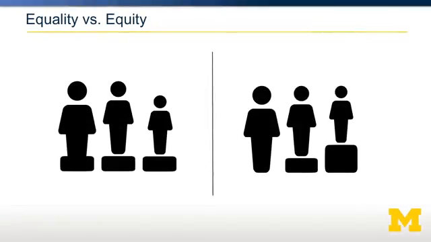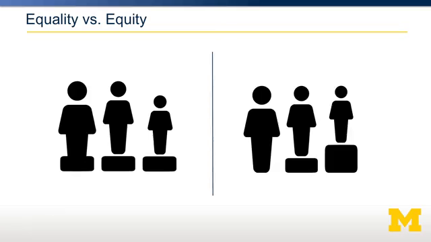For example, the left side of the slide illustrates how we might intervene to give the same resource to assist with accessing fruit on a tree to people of different heights. Giving each person access to a box of the same height is an example of giving everyone the same or equal resources.